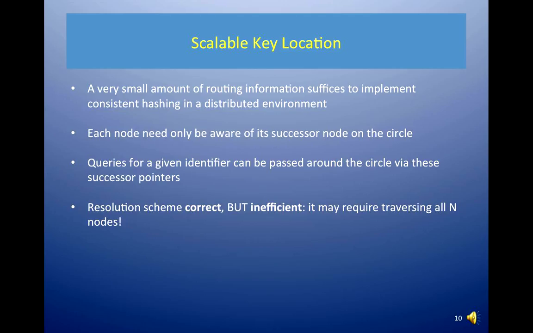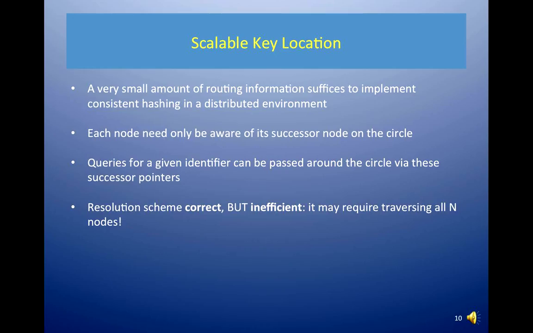So the Chord protocol gives us a simple, elegant mechanism to map a key to a location. It has to store only a very, very small amount of routing information, which is the successor of that key. If each node maintains its successor, it can move around the circle, and if you imagine the nodes placed in a circle, it finally maps the key to the location.